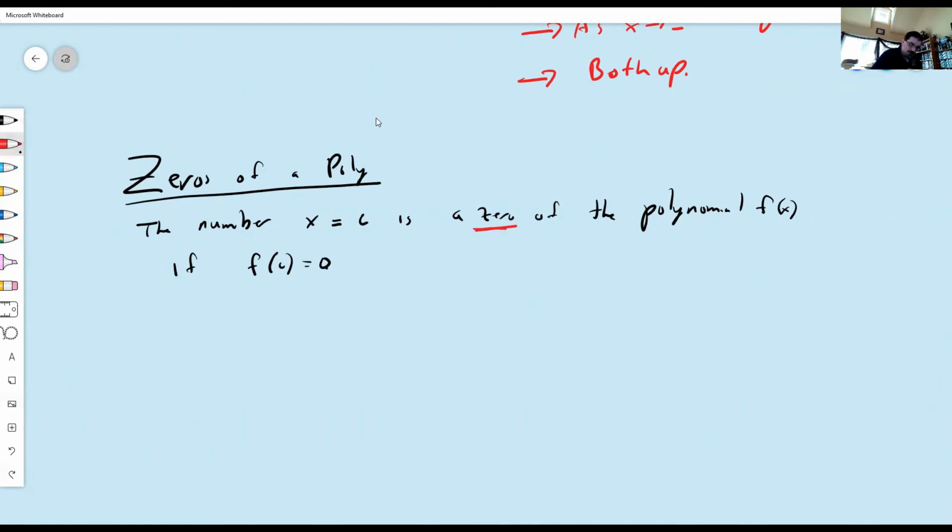Again, sort of defining right there. So literally what we're saying is, remember, f of x is a y value. A zero is the x value that makes y equal to 0.